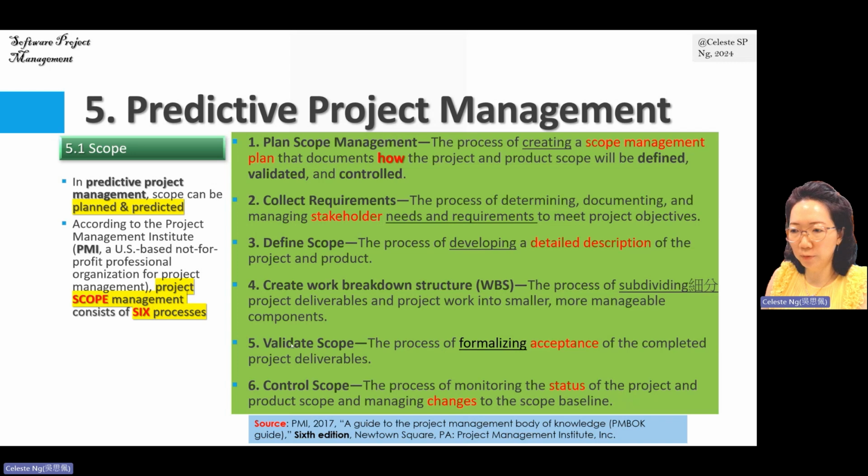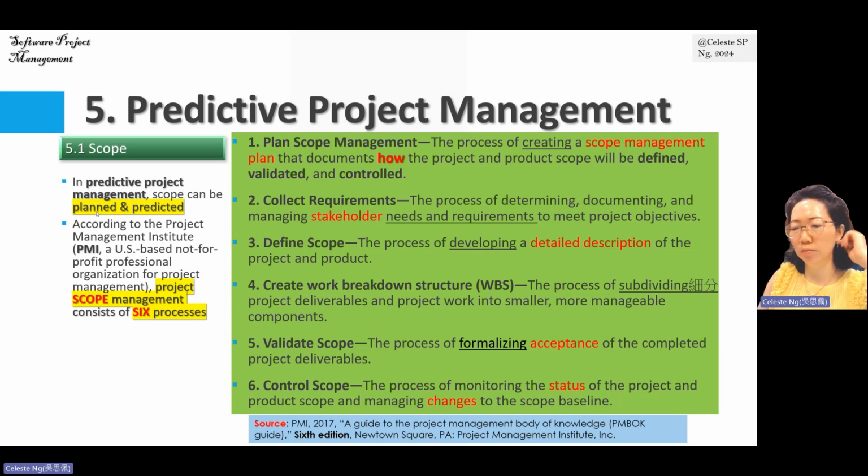The fifth process involved in our project scope management is called validate scope. We will do scope validation once we have created our scope.